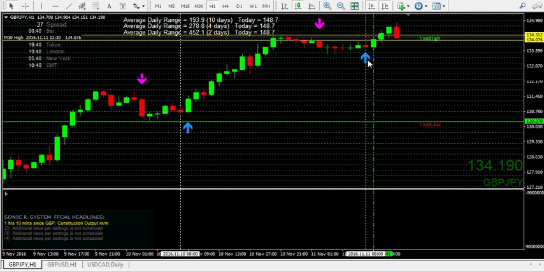And this arrow has printed on the wrong candle, and we know that for a fact, because why would it print on the close of a candle that is showing a lower level than the candle that this morning had actually alerted me on?